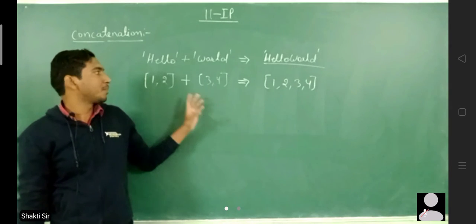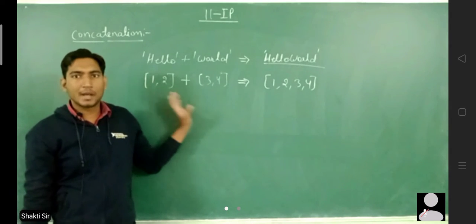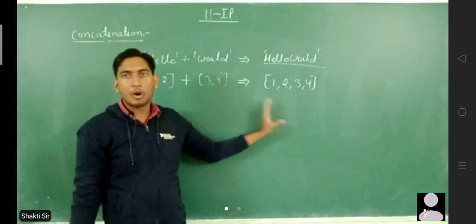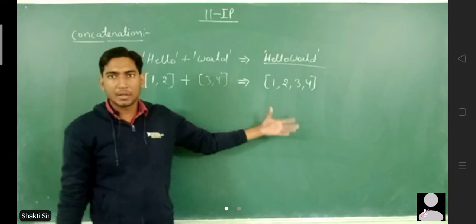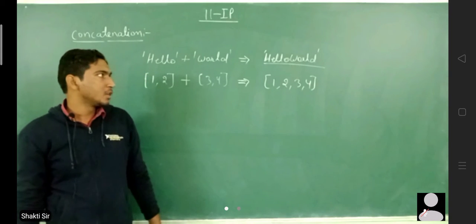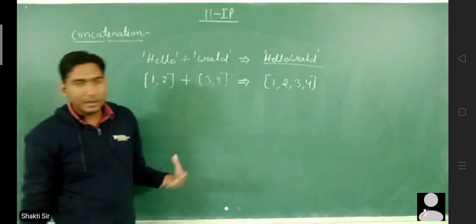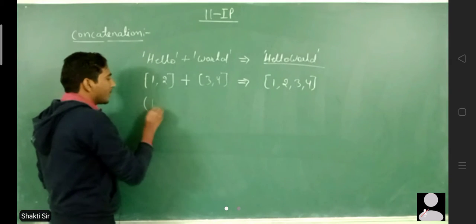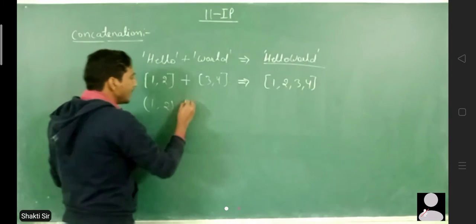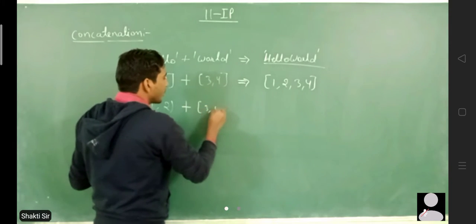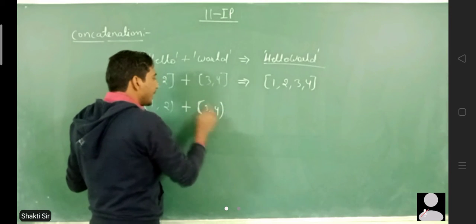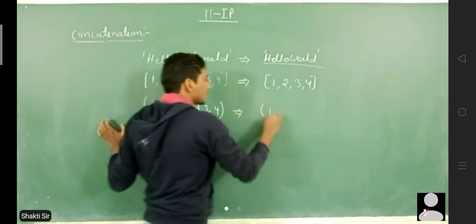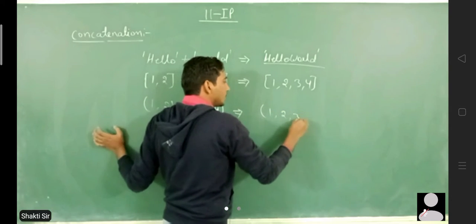If we use a tuple also, 1 comma 2 and 3 comma 4, both operands should be of the same type, then also the result will be 1 2 3 and 4.